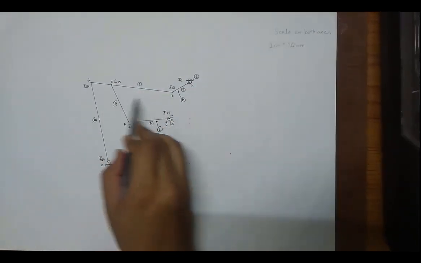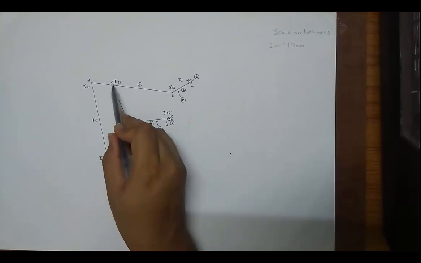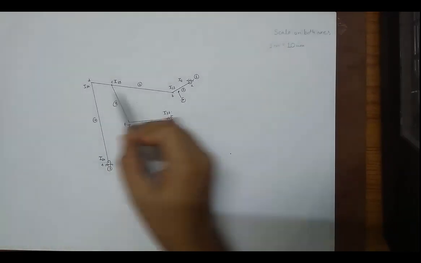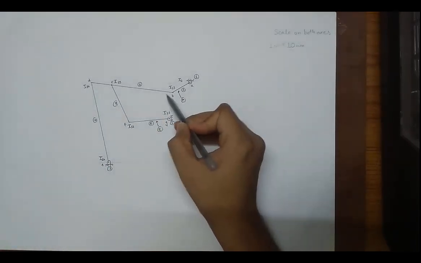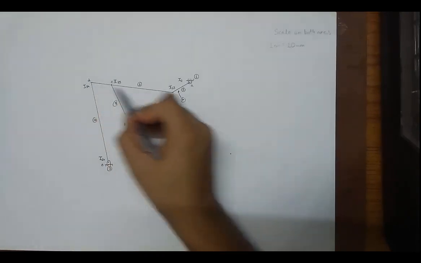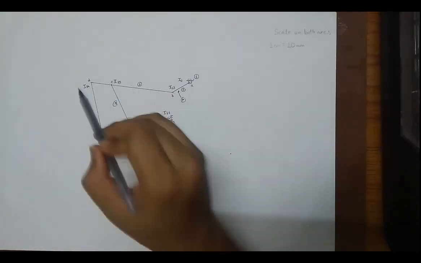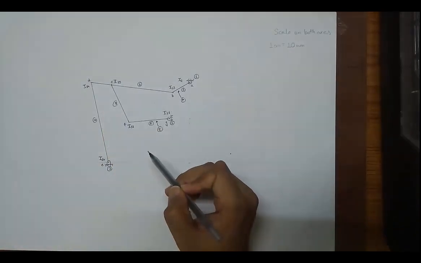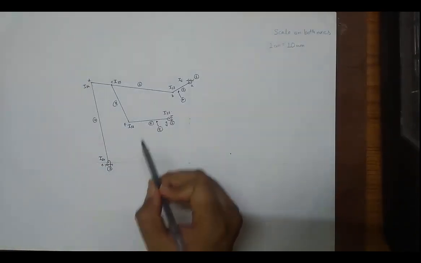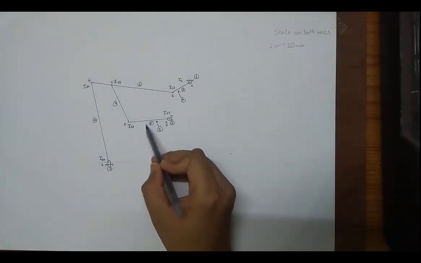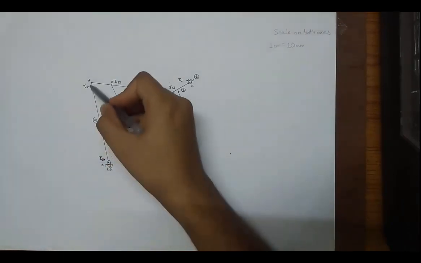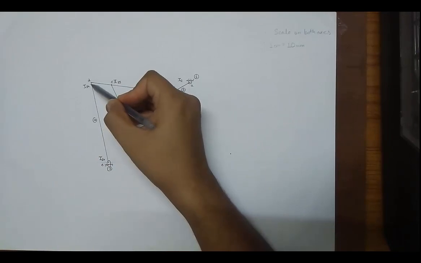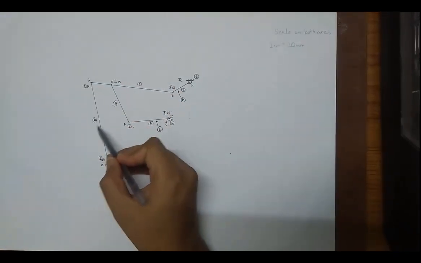In this link there are 3 points, B, C and D. We know the velocity of B, we know the angular velocity of 3. We can find out the velocity of C also, and the velocity of D also. But see, in the question they have asked us the angular velocity of E. So finding the velocity of D, we will be able to find the angular velocity of 4.